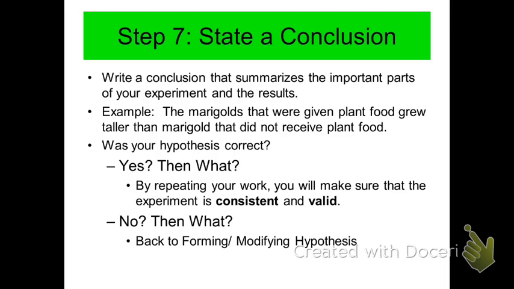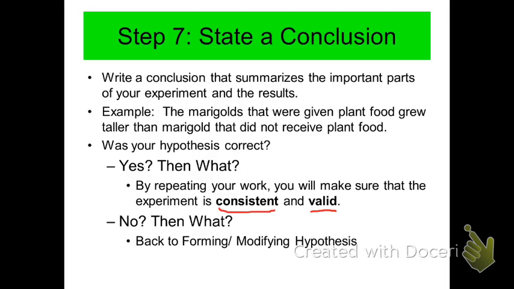We still need to make sure that we repeat it, if at all possible, to make sure that our results are consistent and valid. If you remember that one plant didn't grow higher than the control, maybe I gave it too much water or too little water on accident one day, that might have affected it. So I want to help make those results a little bit more consistent and more valid.